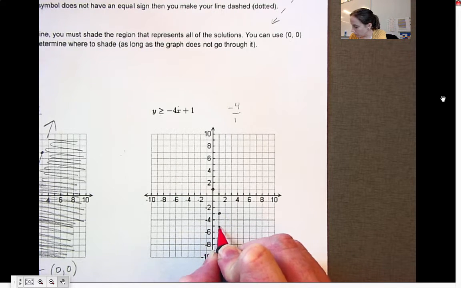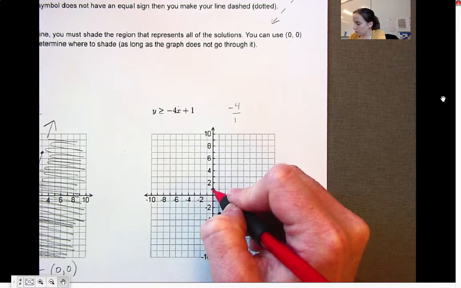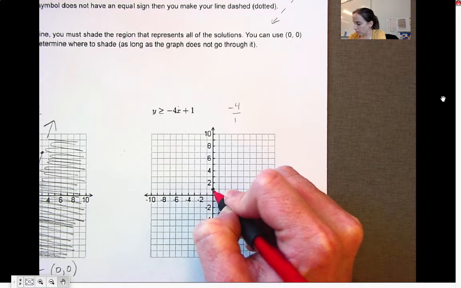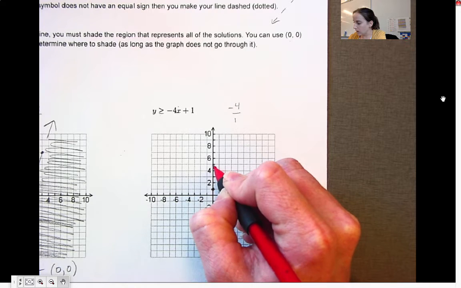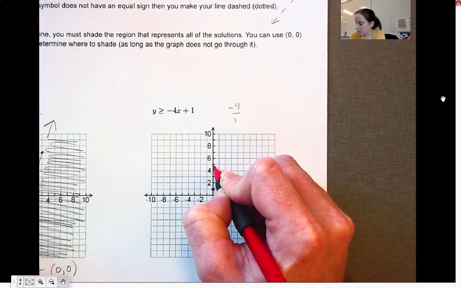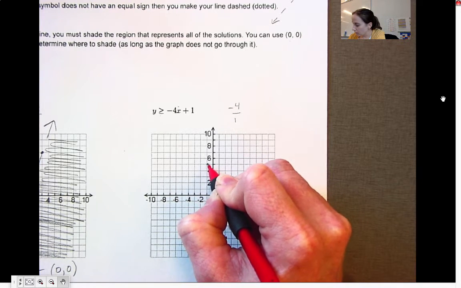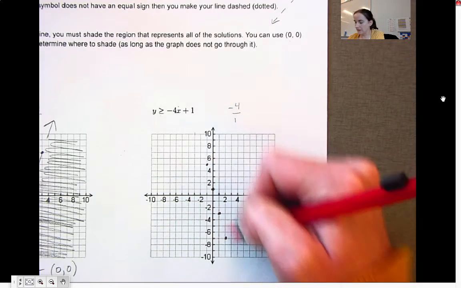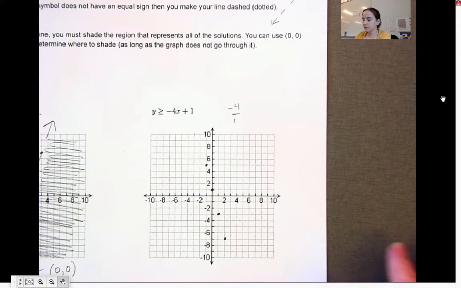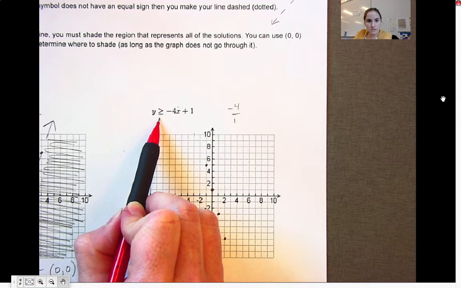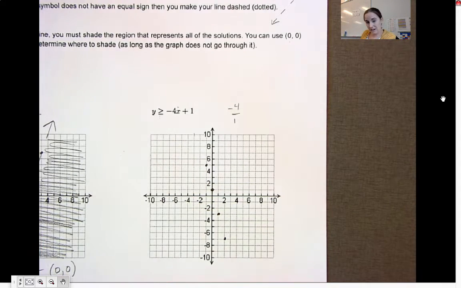Now I'm going to go back to the starting point and show you that if I go up 4, 1, 2, 3, 4, and backwards, to the negatives, 1, I still stay in line with the line that I'm forming.